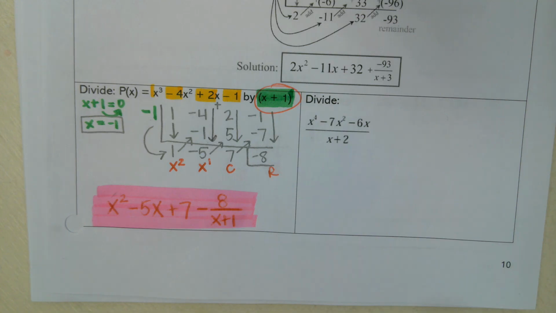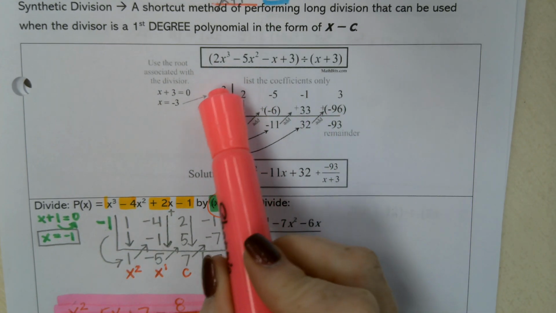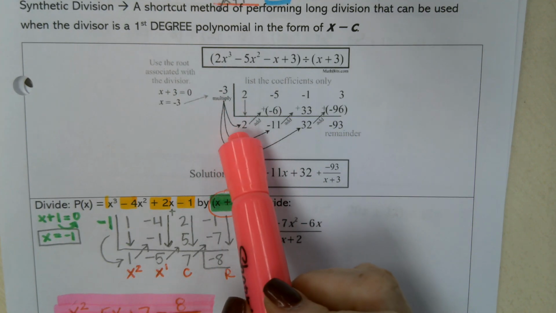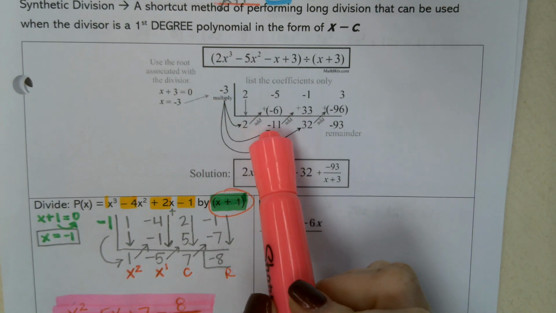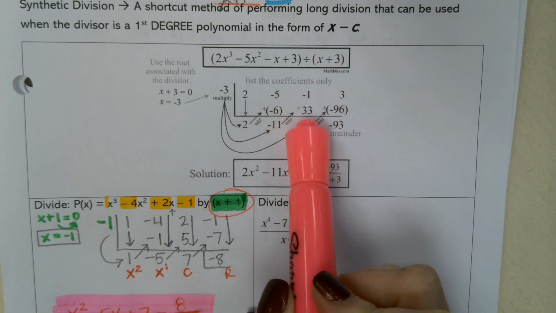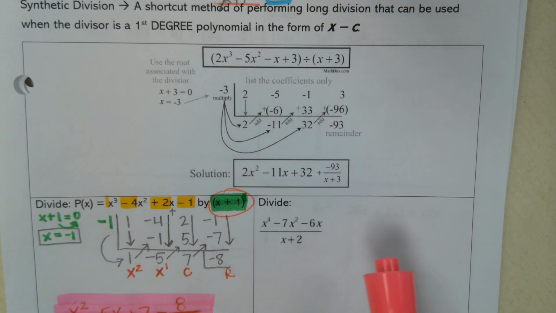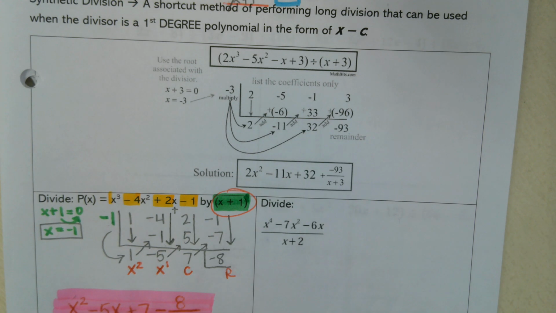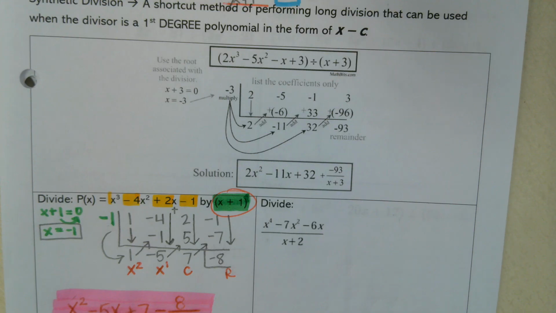Okay? Now I have another example worked out for you, showing you the steps right here. Multiply. Move your number here and you add them. Multiply. Put your number here, add them. Multiply. Put your number here, add them. Okay? And this is marked with your remainder, and you can see the quotient.